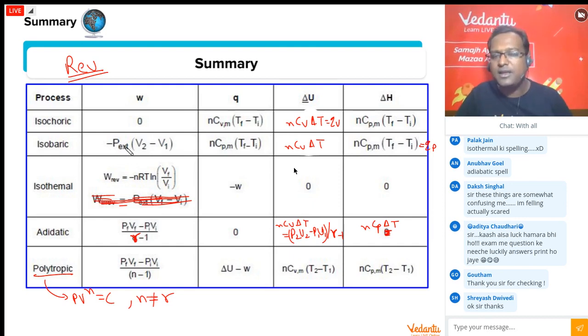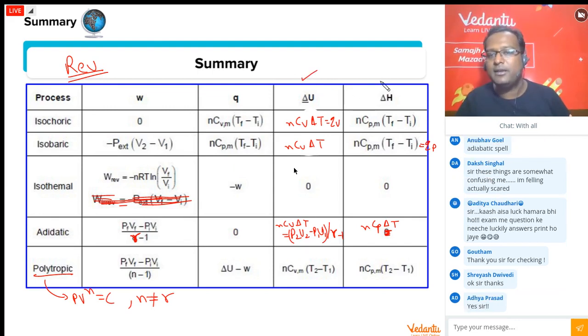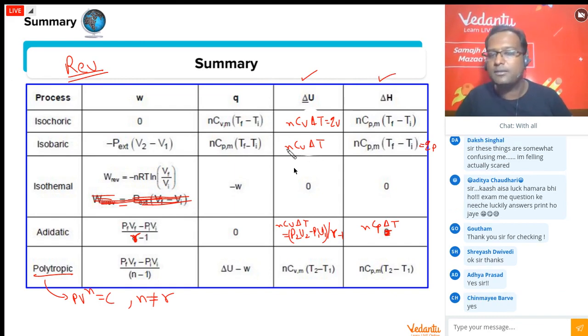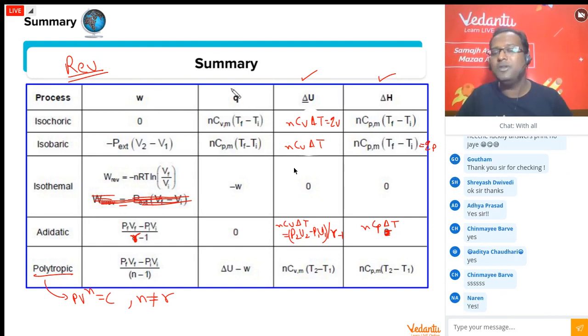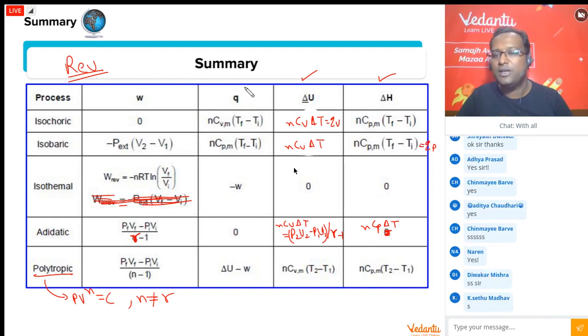Most of it is sort of automatic. Delta U column is automatic, always nCv delta T. Delta H column is also automatic, always nCp delta T. Majorly you have to remember work done only. And Q तो FLOT से निकलता है ना. Q we always calculate using FLOT. So actually you have to just remember work done column.